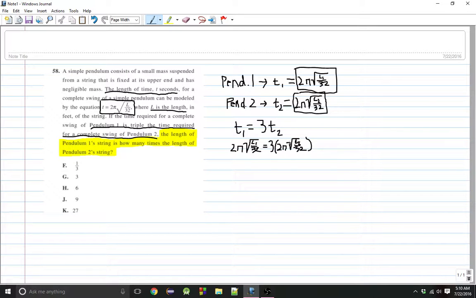So now what we do is we simplify this right side over here. 2 pi root L1 over 32 equals 3 times 2 is 6 pi root L2 over 32.